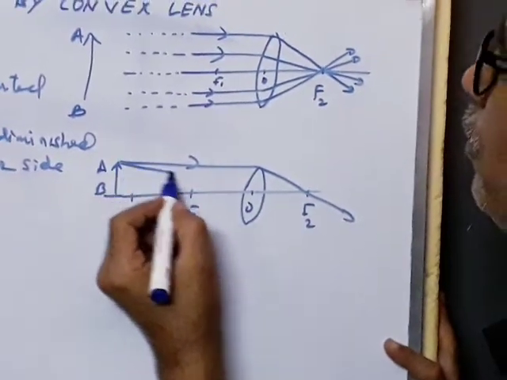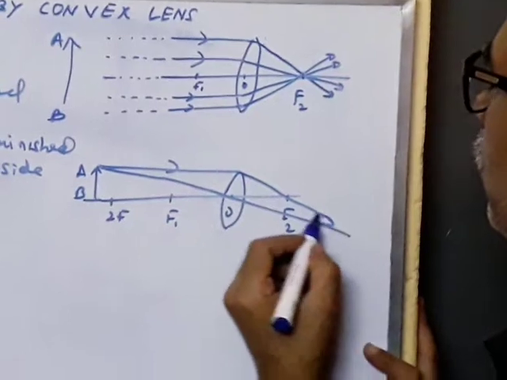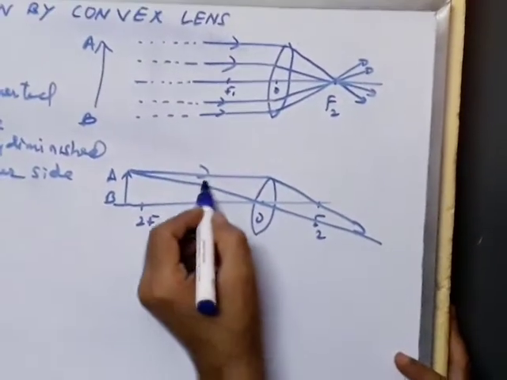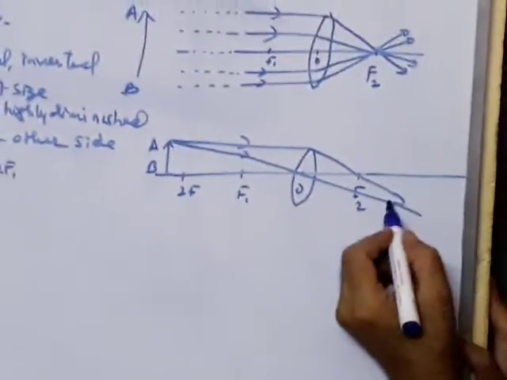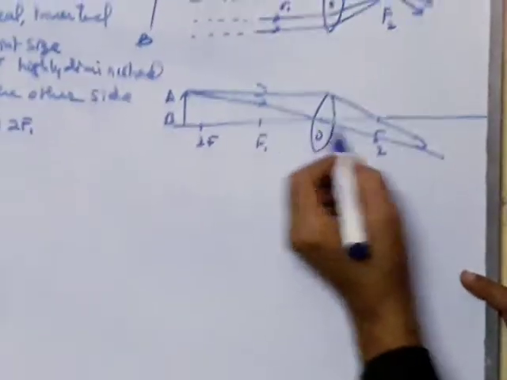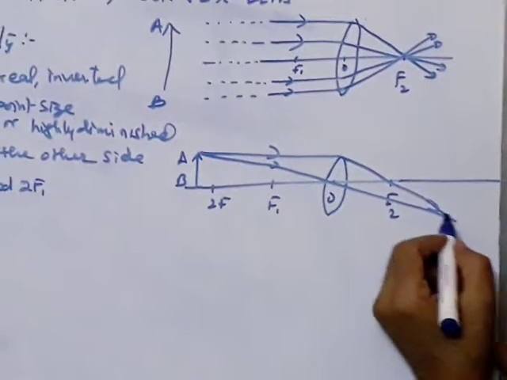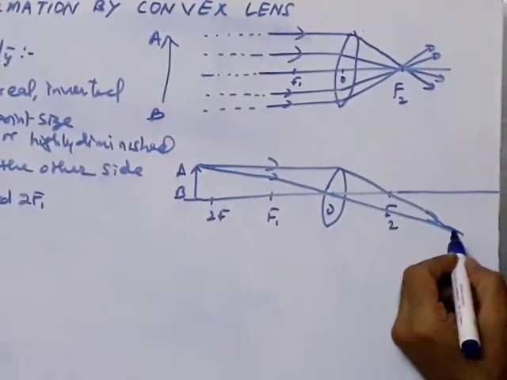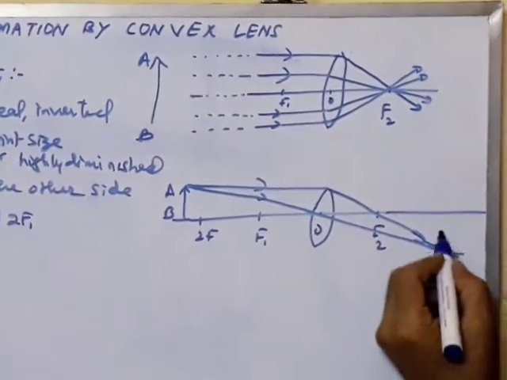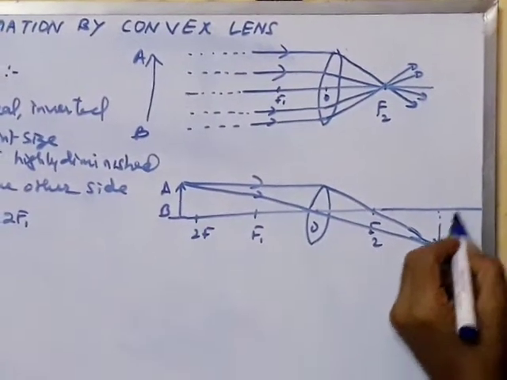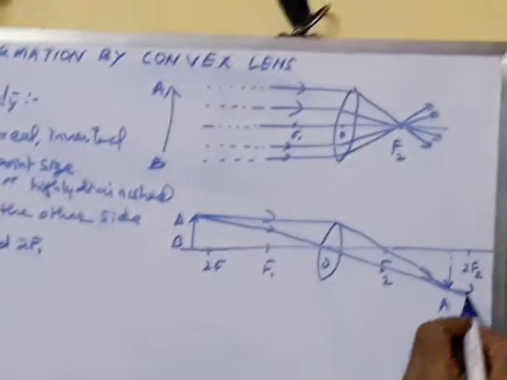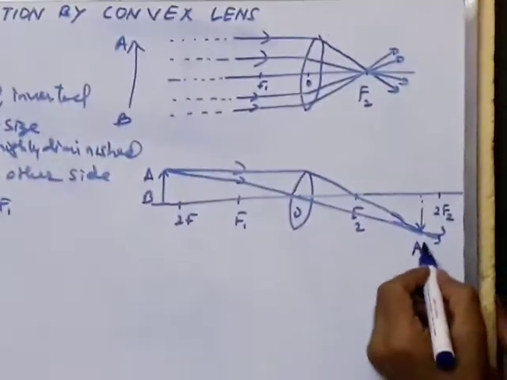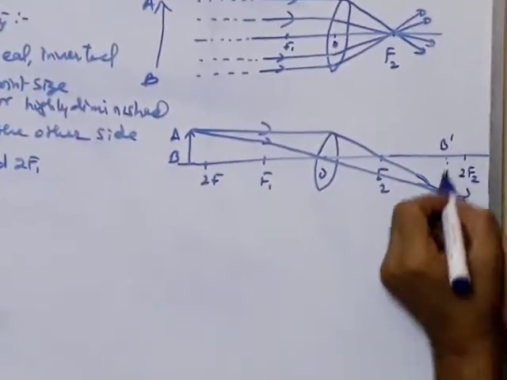Select another ray which passes through the optical center. These two rays intersect at a point between f2 and 2f2. Due to the real intersection, we get the image of the object, A dash B dash.